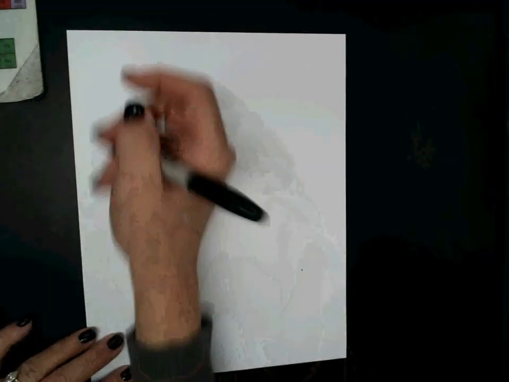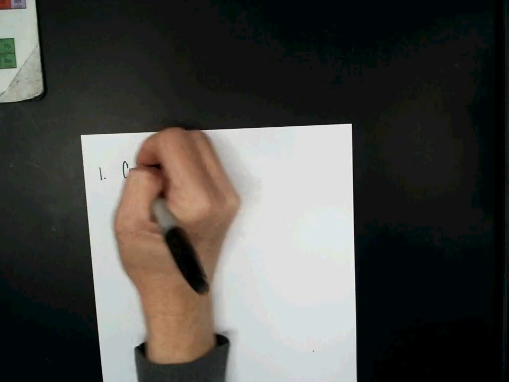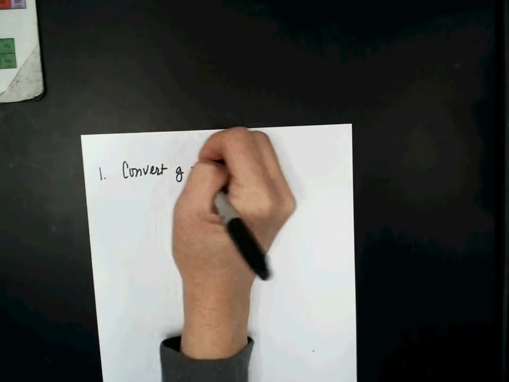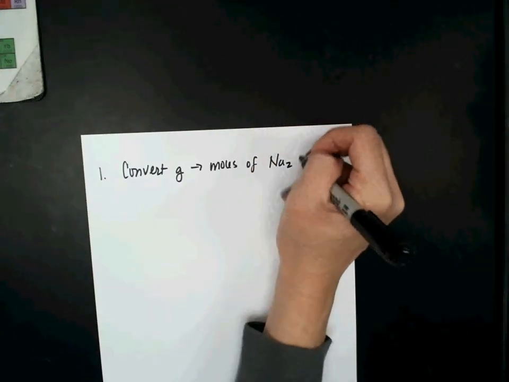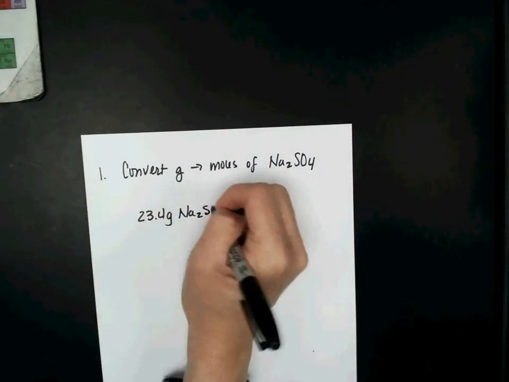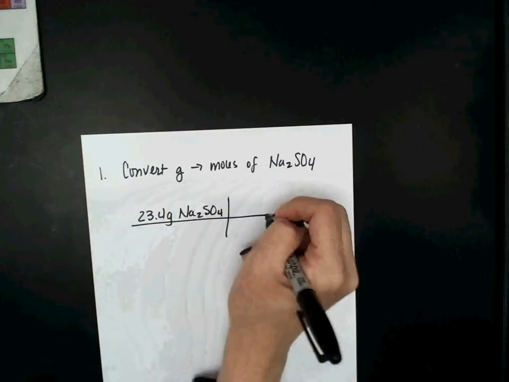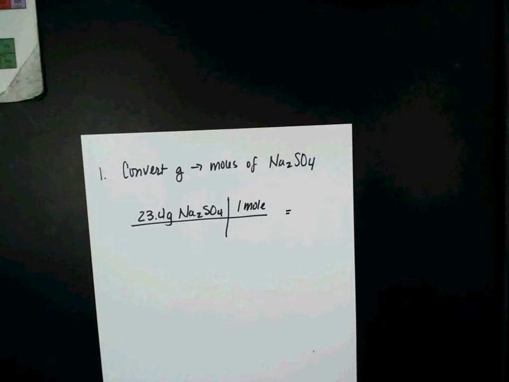So let's work through this problem. We're going to do exactly what Carter said. The first thing we're going to do, bless you, is convert grams to moles of the Na2SO4. So I've got 23.4 grams Na2SO4. I want to know how many moles that is. So find your molar mass of sodium sulfate.